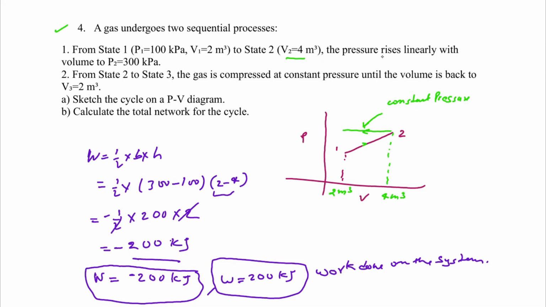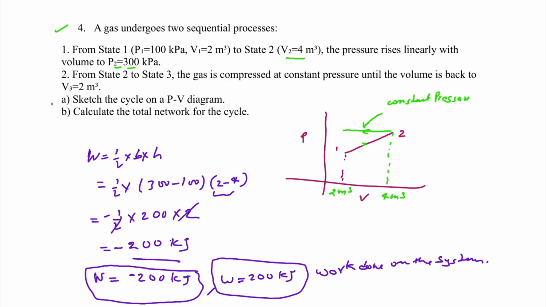The pressure rises linearly with volume to P2, which is 300 kilopascal. This is given. Second, from state 2 to state 3, the gas is compressed at a constant pressure until the volume is back to V3, which is 2 meter cube.